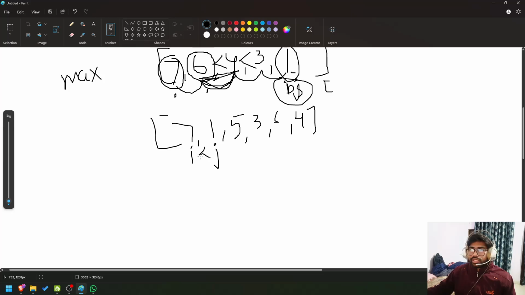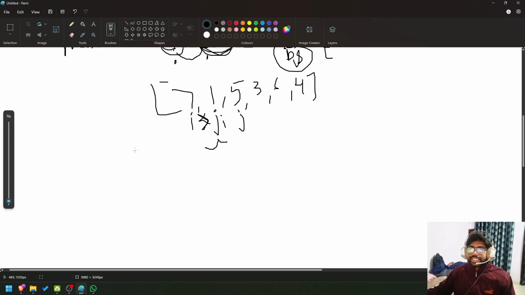Yes, i is less than j. Then we move both the values. So i is here, j is here. Is i less than j? Then we'll check is i greater than j. Then we'll move these values.